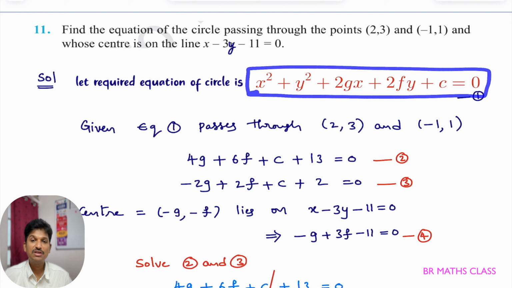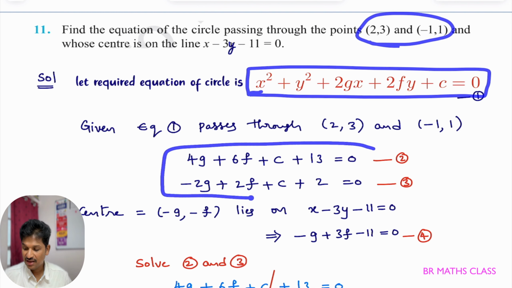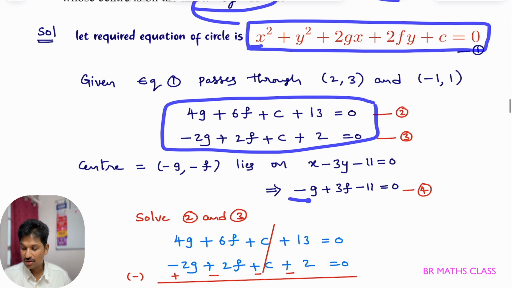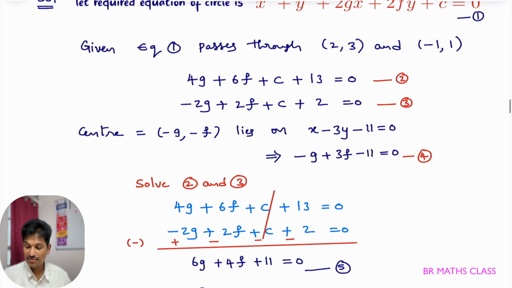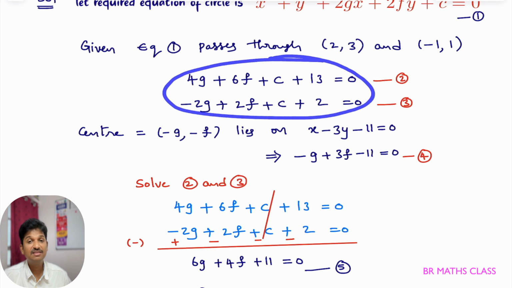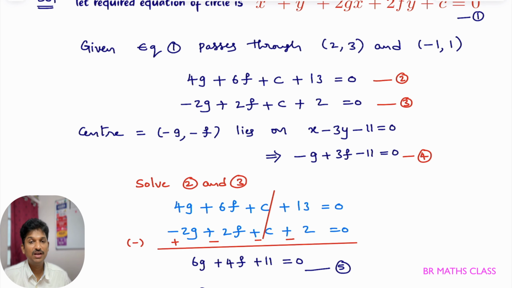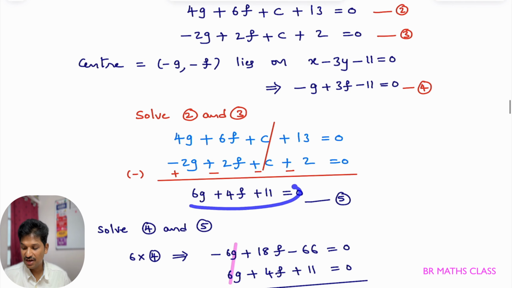First, I take a required circle equation like this. As this circle passes through these 2 points, I substituted in that. I got two equations. As the center lies on this, I got the third equation also, right? I solved these three equations. While solving, the best method is first you solve these two and cancel the c term. Then you will get an equation in terms of g and f.